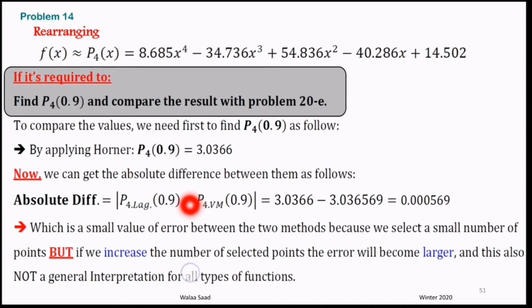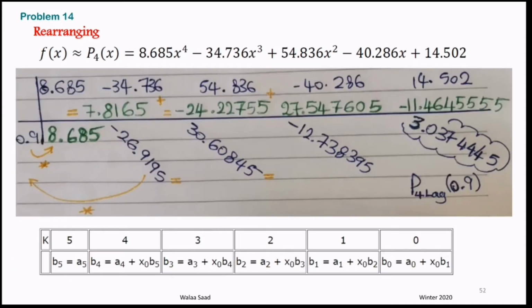and reflects into the error. Okay, let's recall the evaluation using Horner. So we are ordering here all the coefficients, 8.685 and the second, the third, and so on, all the coefficients in blue here in the first line, and then the 0.9, which is the value or the x node.